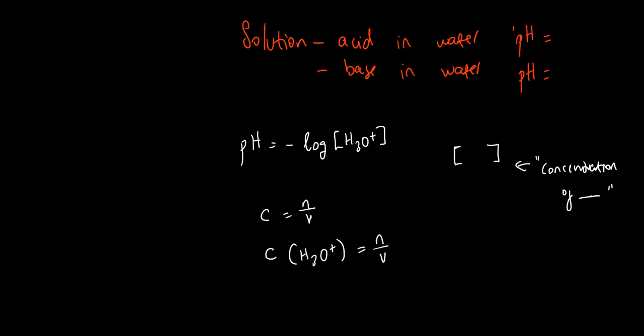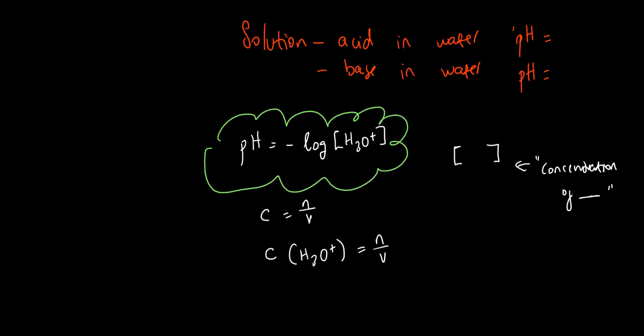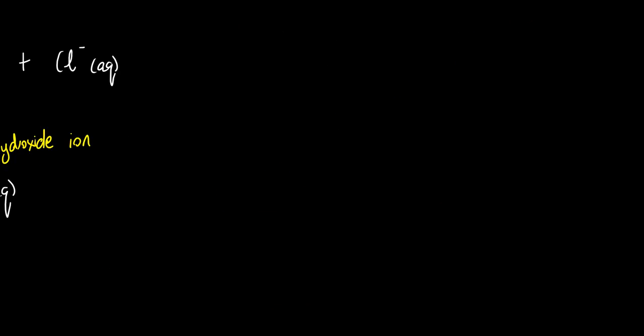Okay, so what you put here must be the concentration of H3O plus. Now sometimes someone might ask, how do I get the concentration of H3O plus? And that's a very, very good question that you will have to make sure that you know how to do. So let's go through some problems and see how we can calculate the pH of a solution.